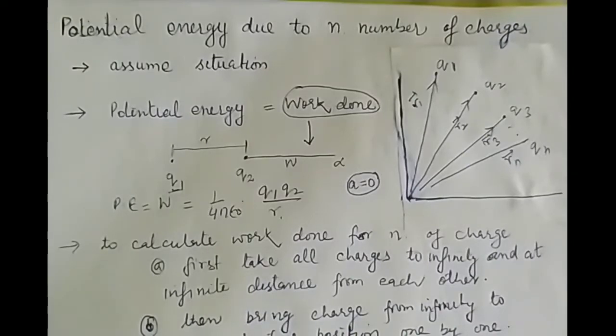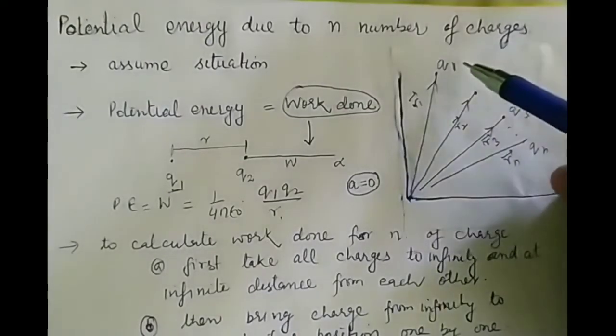Now what if we have n number of charges? So there are n number of charges. Now to calculate the work done for this case, first I take all these charges to infinity, at infinite distance from each other.